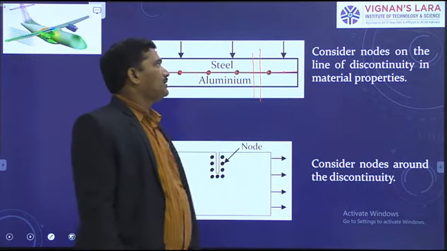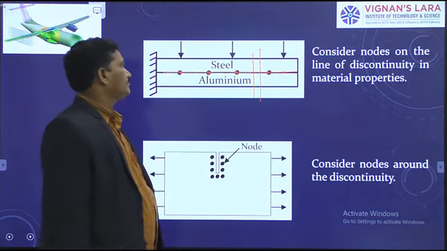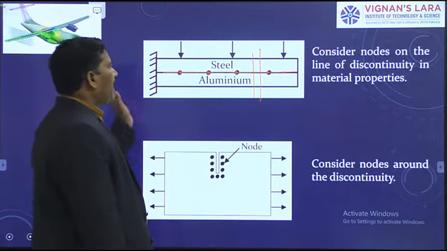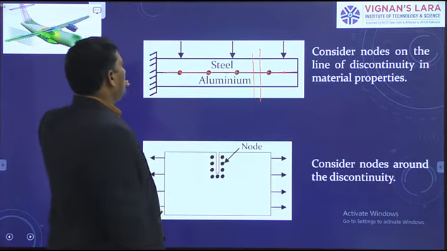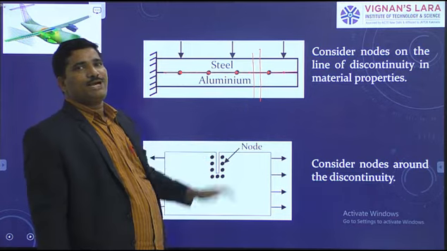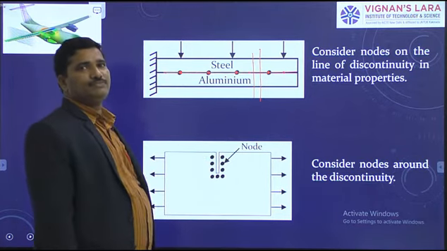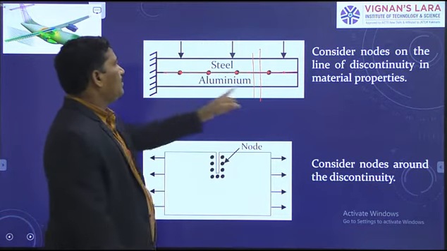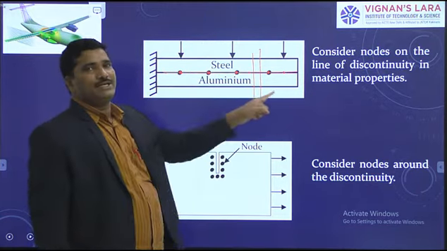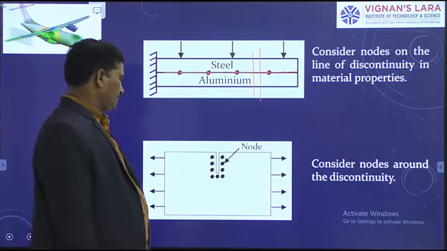Consider the nodes on the line of discontinuity in the material properties. According to the requirement, you can have the nodes on this interface because the material properties change in the direction of thickness because we have a composite plate here. This is another consideration.